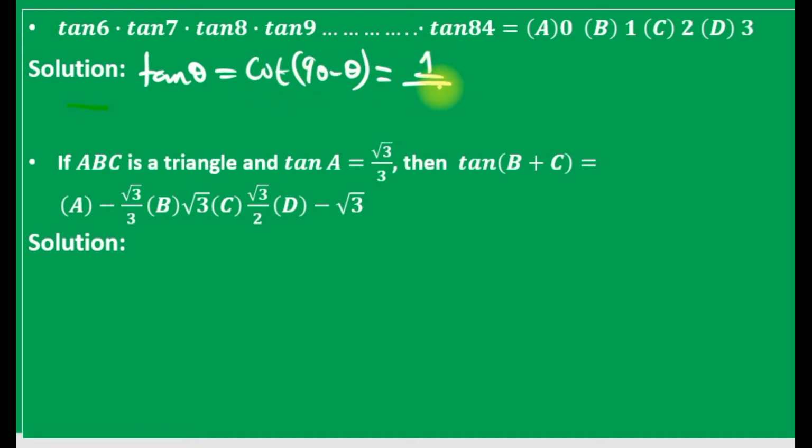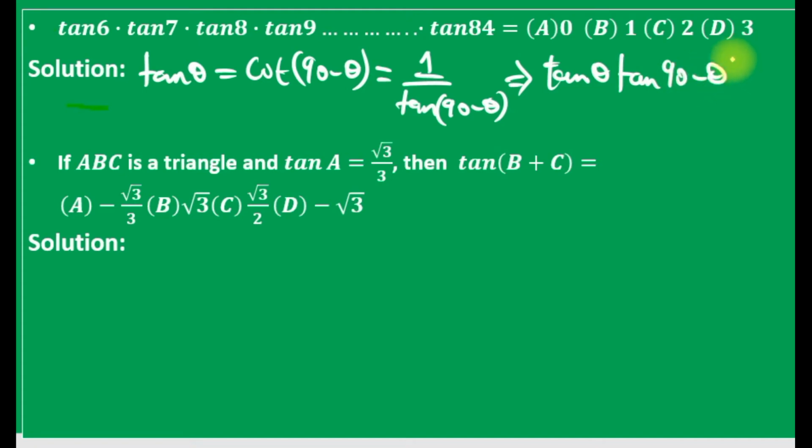So we write this as 1 over tan 90 minus theta. Which implies that if you cross multiply, tan theta times tan 90 minus theta, the answer is 1.